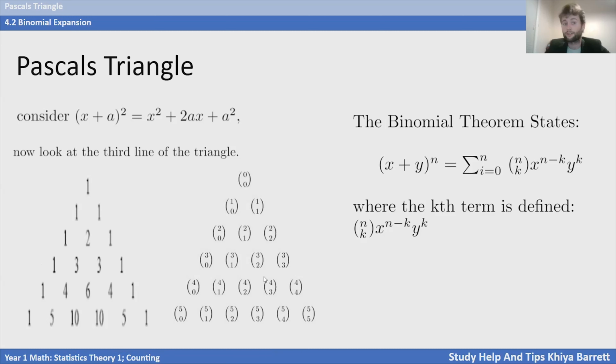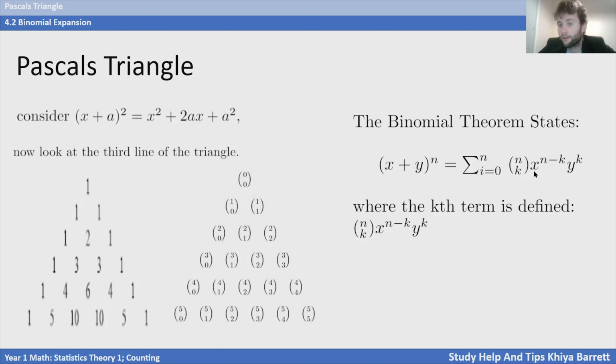So consider x plus a squared. Well, the first term is going to be, let's start with k equals 0. So x raised to the, well in this case, n is 2. So we've got x squared. And okay, 2 choose 0, what's that? That's 1.